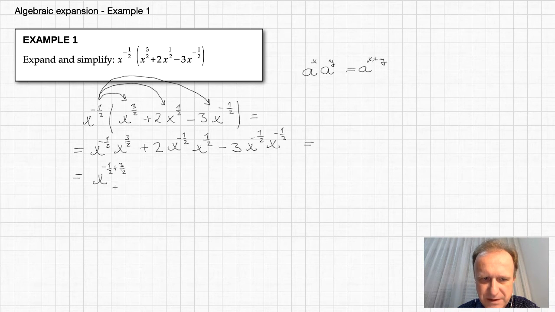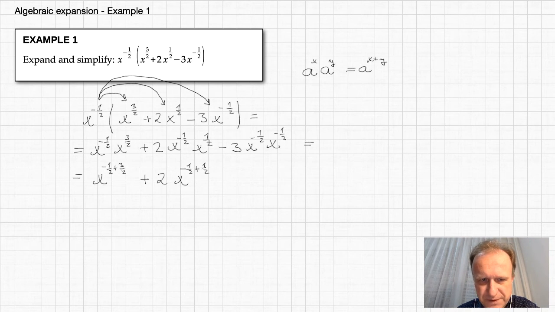Okay, so this is the result of multiplication of the first two factors, plus now 2, I will just copy it in front, and I have to multiply again two powers with the same base x. So it should be according to the same formula as this one. It should be x to the power of negative 1/2 plus positive 1/2.